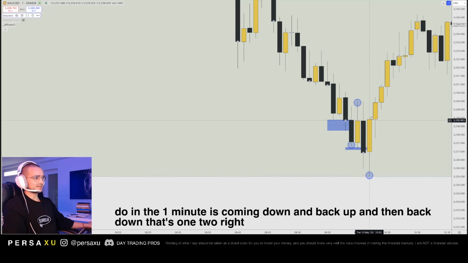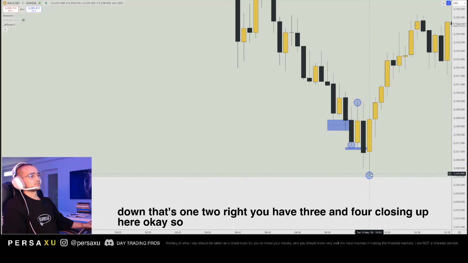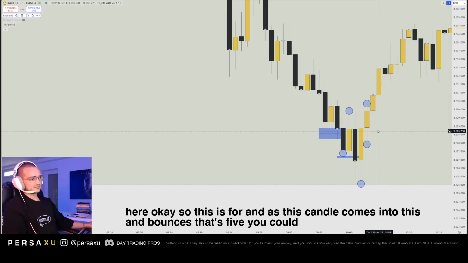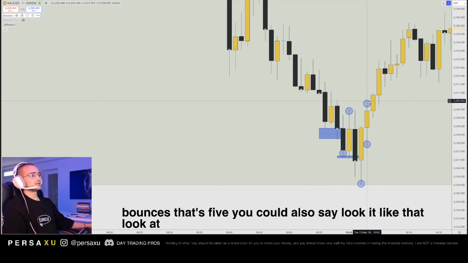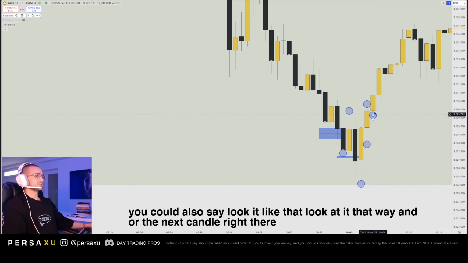You have 3 and 4 closing up here. Okay, so this is 4. And as this candle comes into this and bounces, that's 5. You could also look at it that way, or the next candle right there, 5 holding 2 and 3.